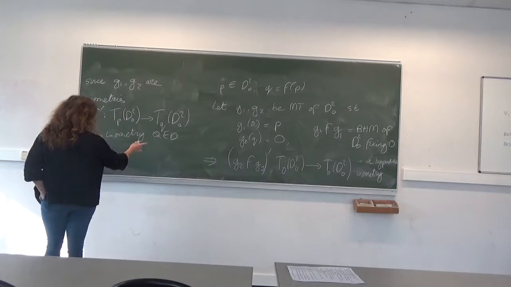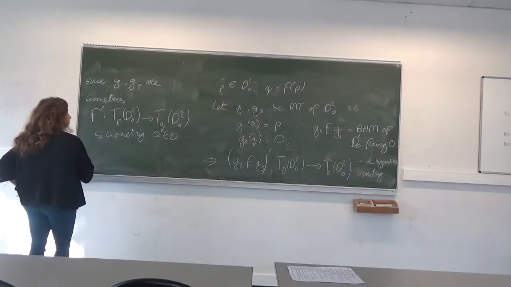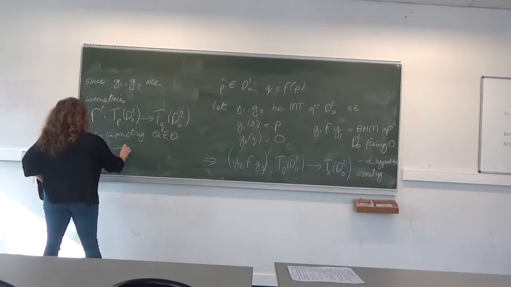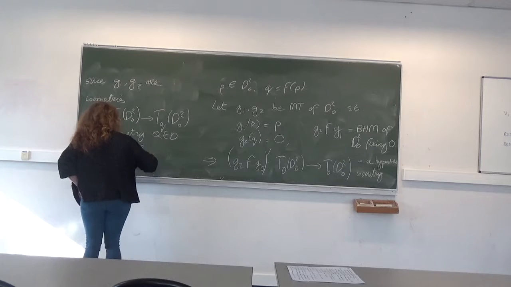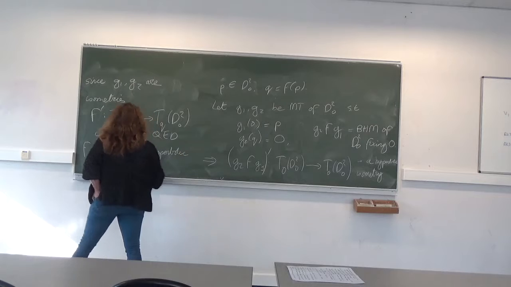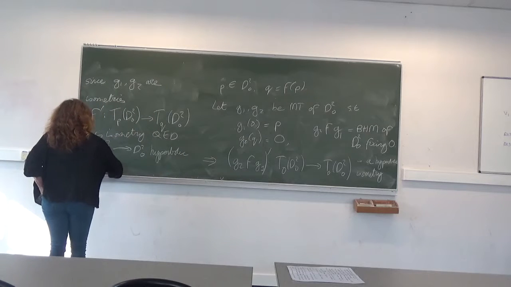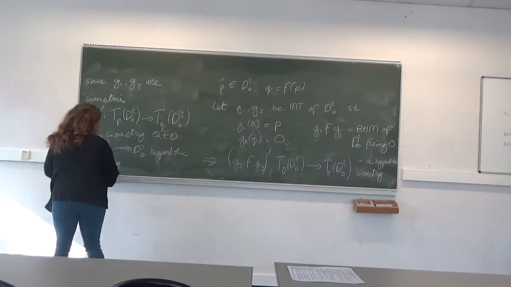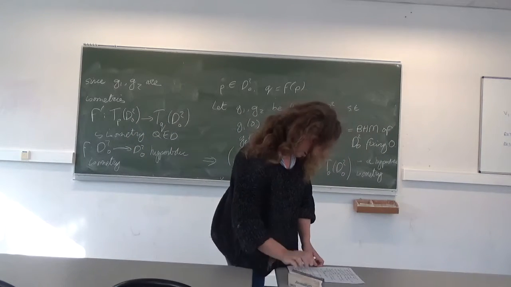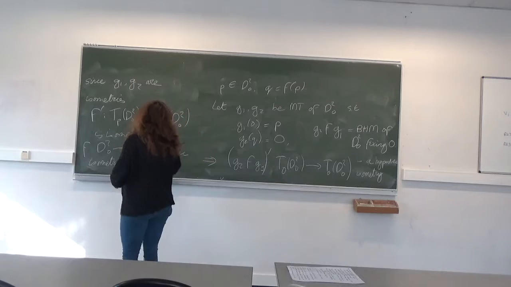So what I'm going to do now is suppose that I have f going from D2, 0 to D2, 0, a hyperbolic isometry. Okay, let me say, more to the point, I'm going to ask that it should be a biholomorphism. Sorry.